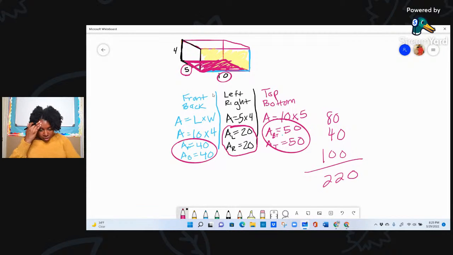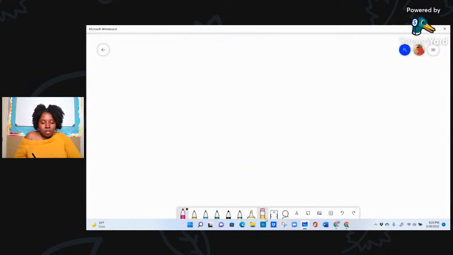Can you multiply a whole number by a fraction? Absolutely. Let's do it. All right, so let's say we have 2 times 3/8.